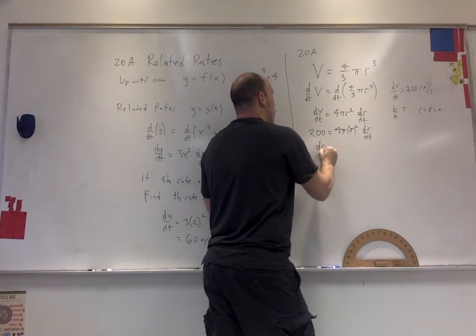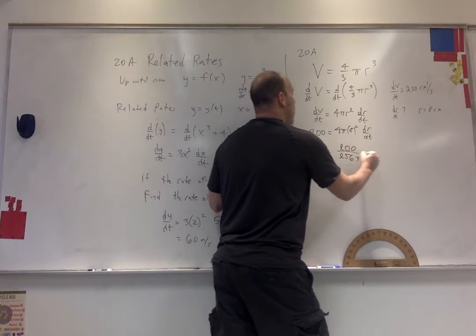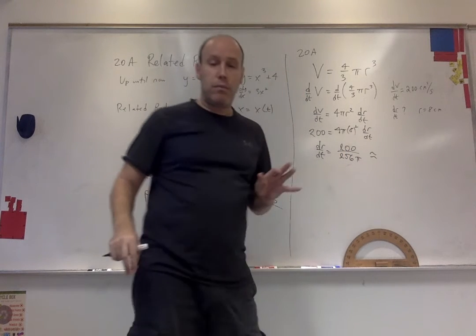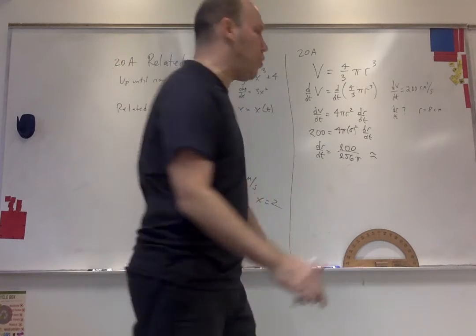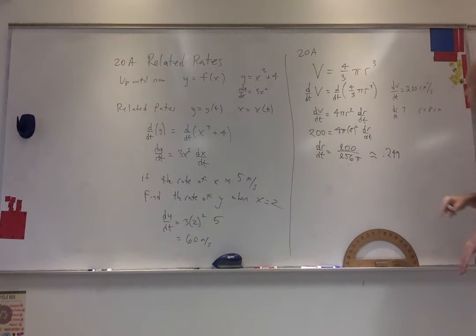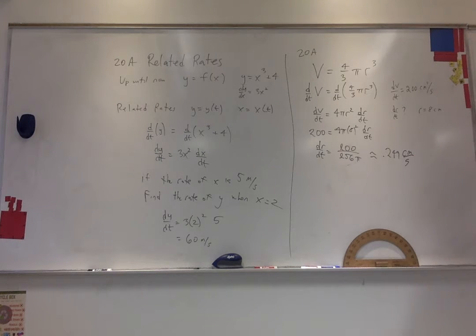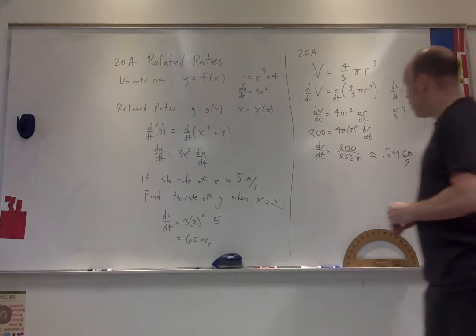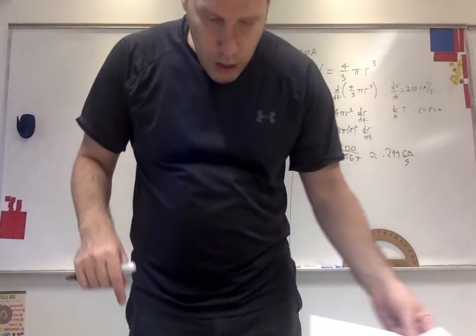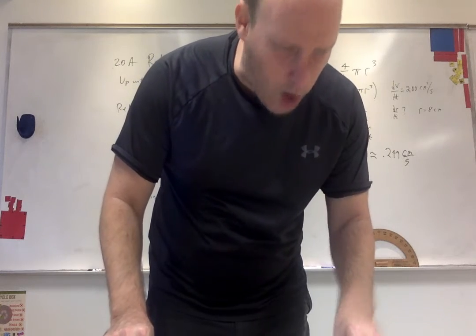So dr/dt is 200 divided by 256 pi, which is approximately 0.249. What are the units of the rate of the radius? Centimeters per second. Or minute. I'm sorry, second.